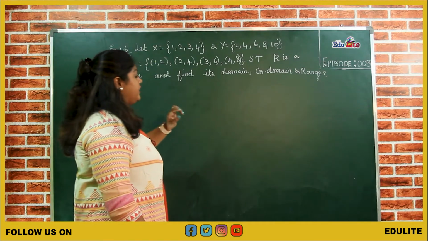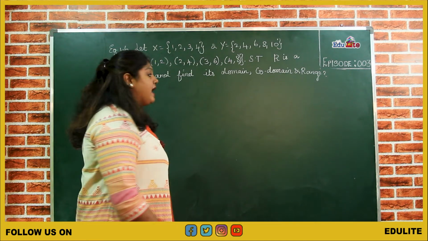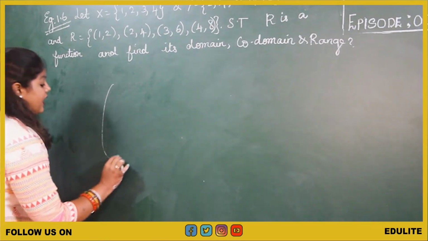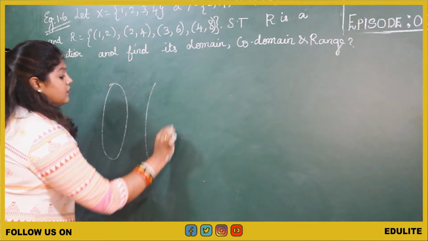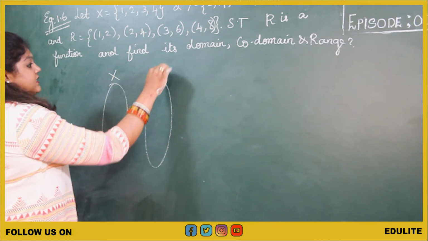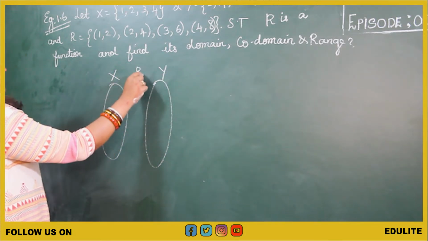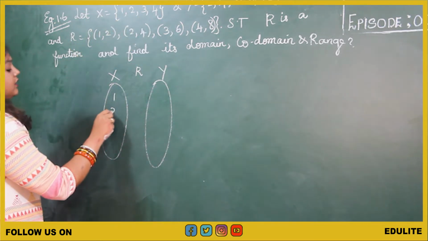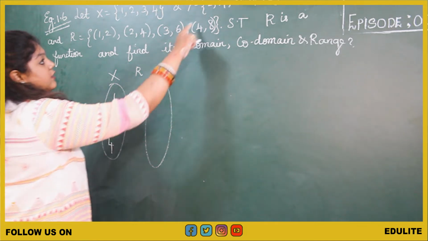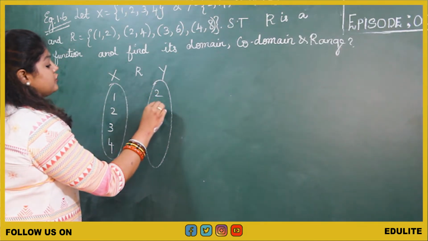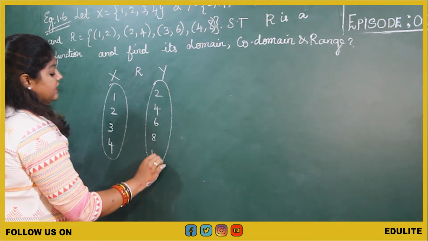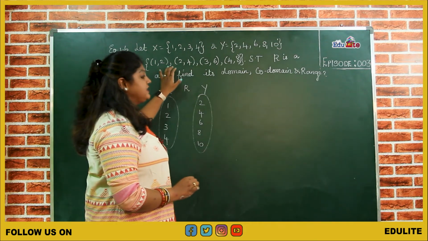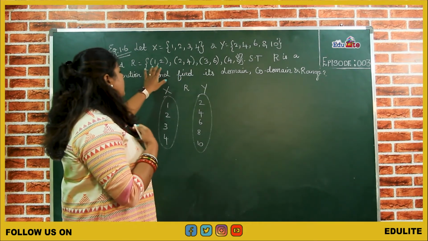So, let us check whether this is a function by using an arrow diagram. In an arrow diagram, this is set X and this is set Y. In set X it is given as 1, 2, 3, 4. In set Y it is given as 2, 4, 6, 8, 10, and we are given the relation to test whether it is a function or not.